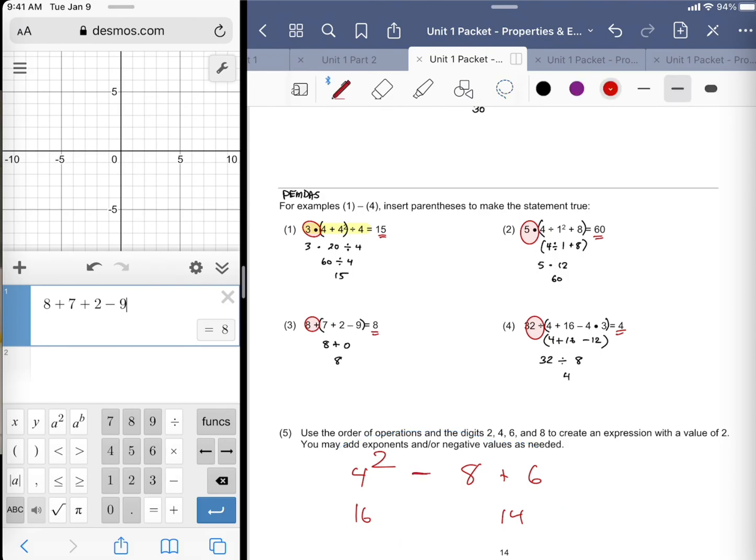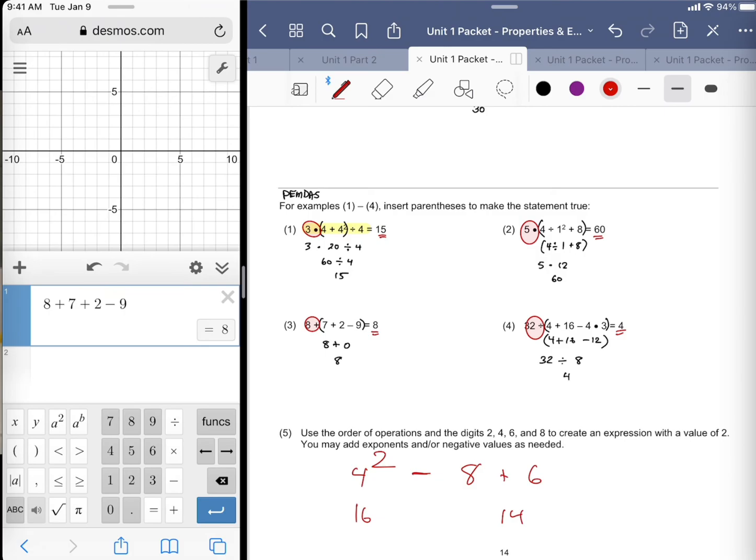Now, you may use exponents and/or negative values as needed. Didn't say anything about parentheses. Didn't say I had to use addition. It just says I may use these things as needed. So I got a lot of wiggle room here.